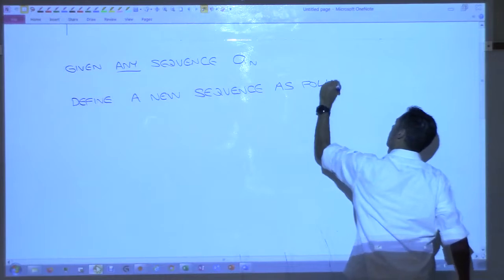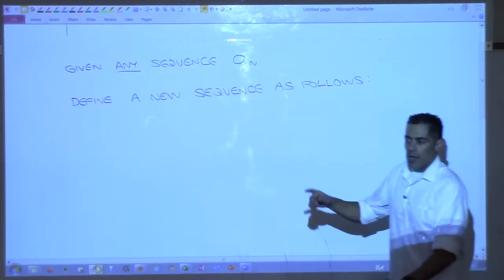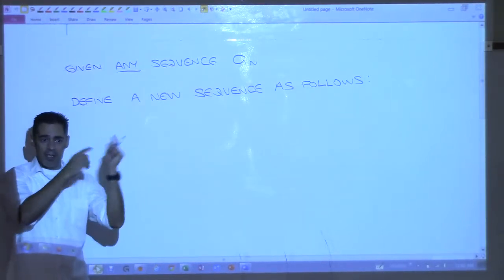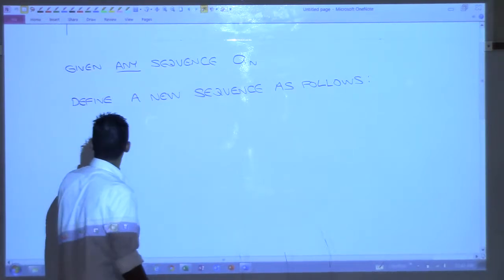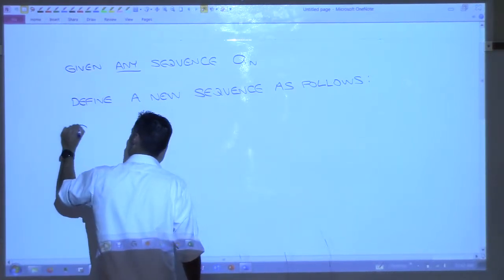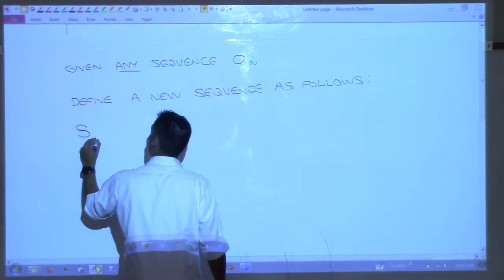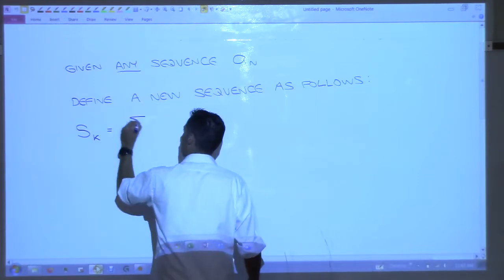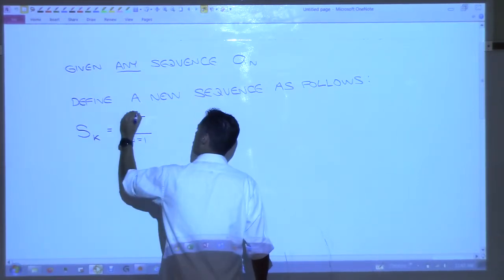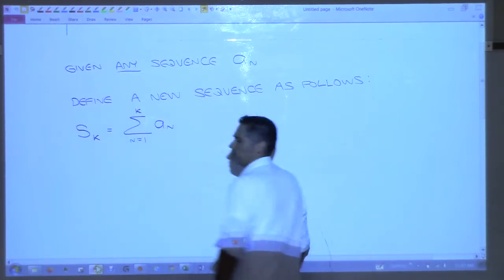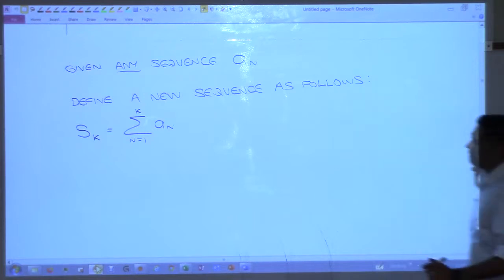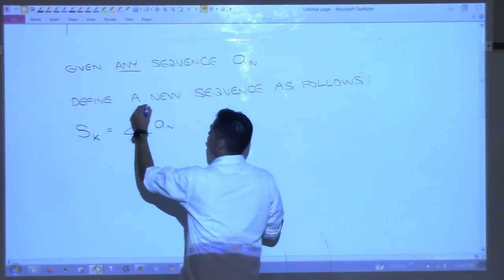I can't spell. Okay, so if somebody has a sequence, I'm going to generate a new sequence from that sequence, and here's how I'm going to do it. The new sequence is going to be defined this way: S sub k is equal to the sum n equals 1 to k of A sub n. I know that's a little tough to look at at first, but let me go through and show you what this sequence is. So I'm defining a new sequence.